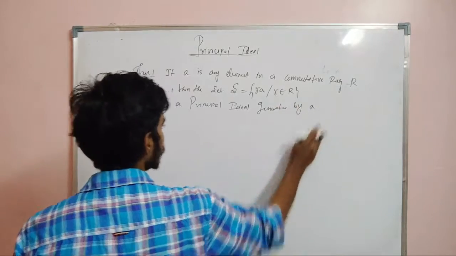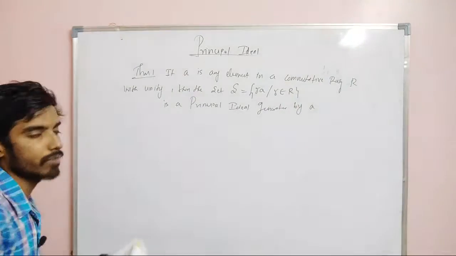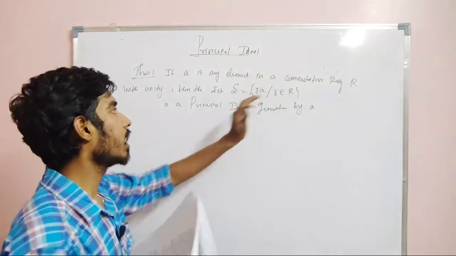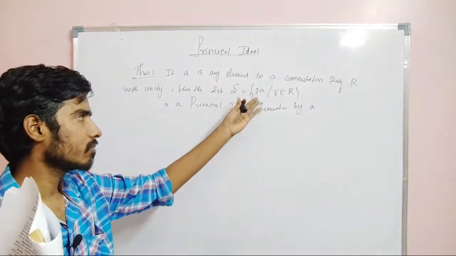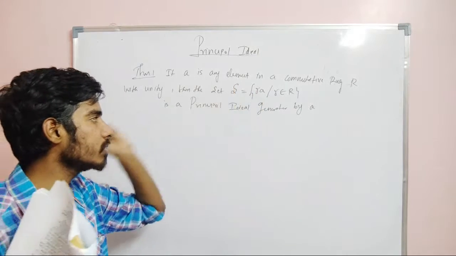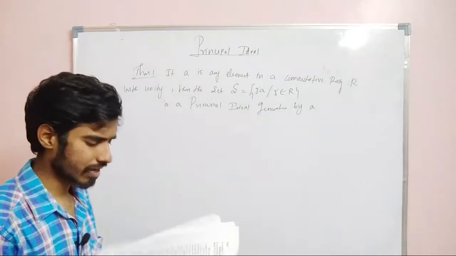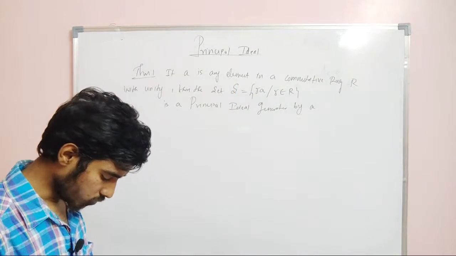Again, it's a very natural result. If you take an element of the commutative ring R and form the multiples of a, then the set will be a principal ideal generated by a, right? This theorem is natural, so you can easily prove it.